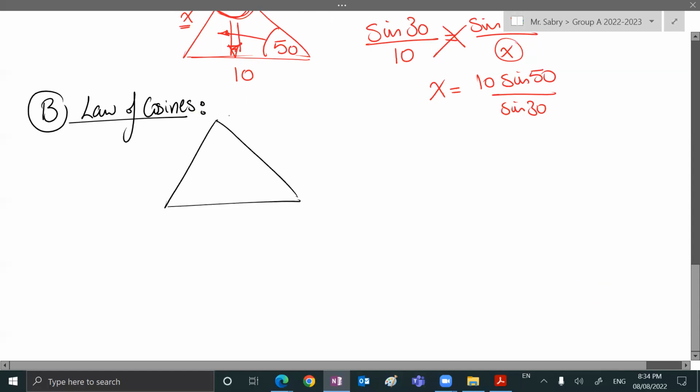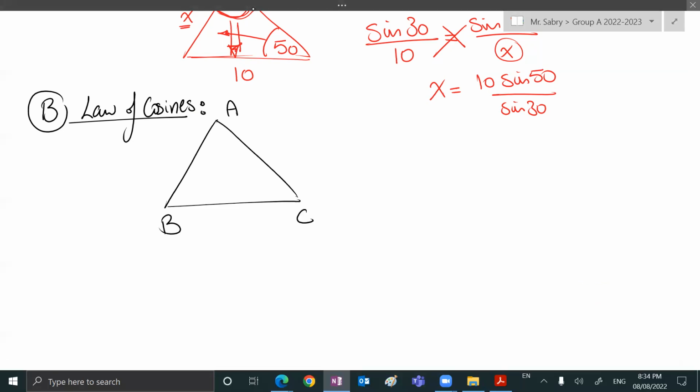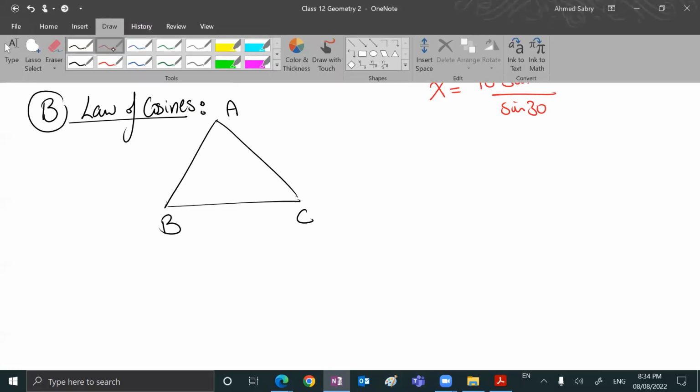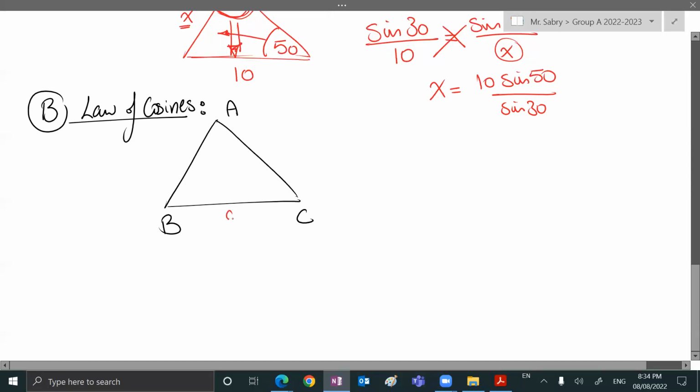It says that if you have, again, a scalene triangle that has 3 different measures of angles and sides, and again, if the side in front of angle A is called small a, small c, and small b, the rule says any side to the power of 2 is equal to the 2 other sides added to the power of 2 minus 2 multiplied by the 2 sides cosine the middle angle.